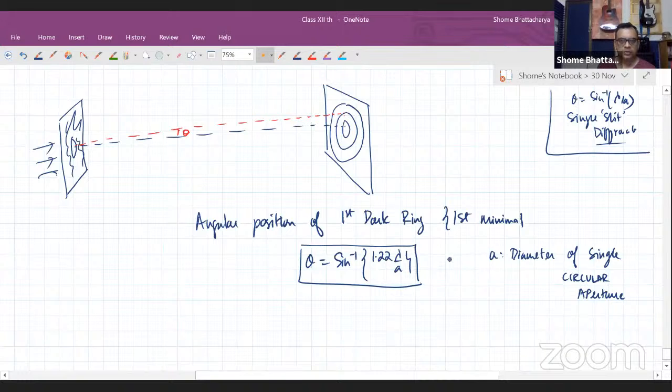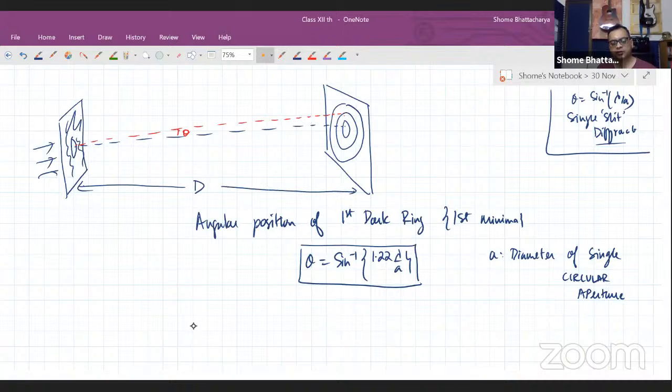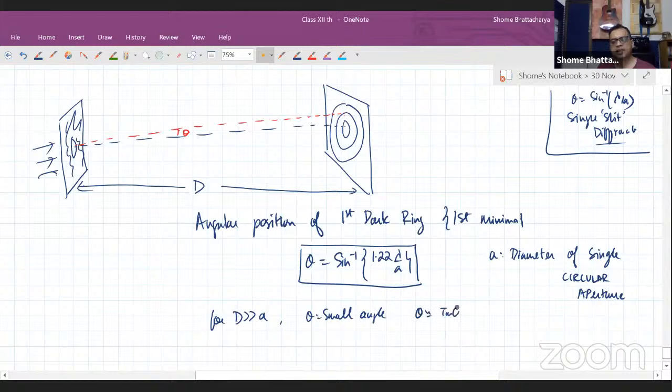Okay. So of course that also means that if this distance between the two screens, capital D, is very large compared to small a, then theta is a small angle. Okay, so theta can be approximately taken as tan theta.